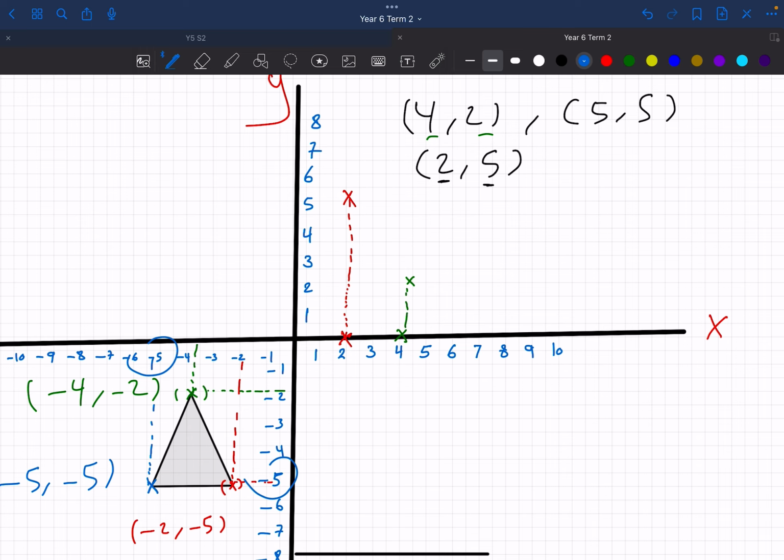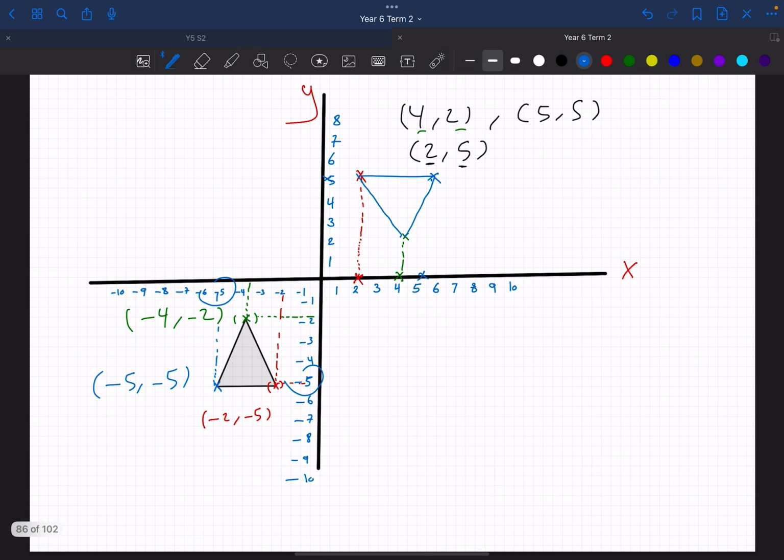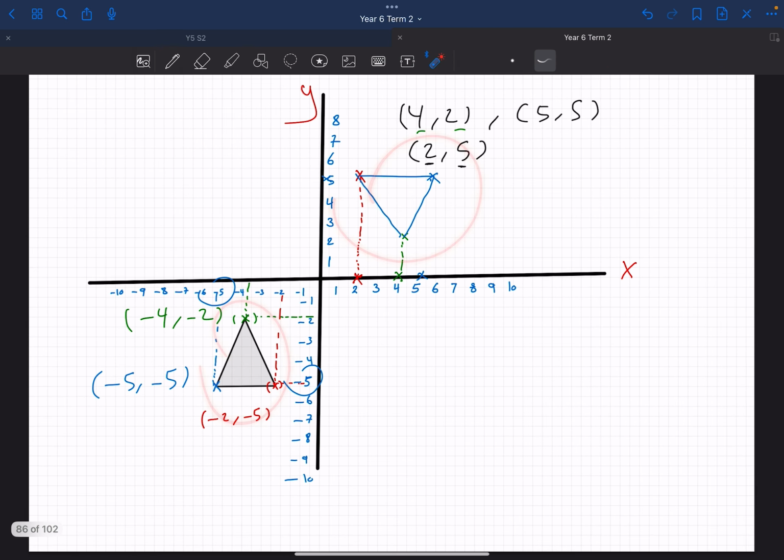Where's the 5? And this is the 5. Connect. Now I will connect my x's. After I connect them, they will make a triangle. It looks the same, but it is flipped. It turned around. It's upside down.